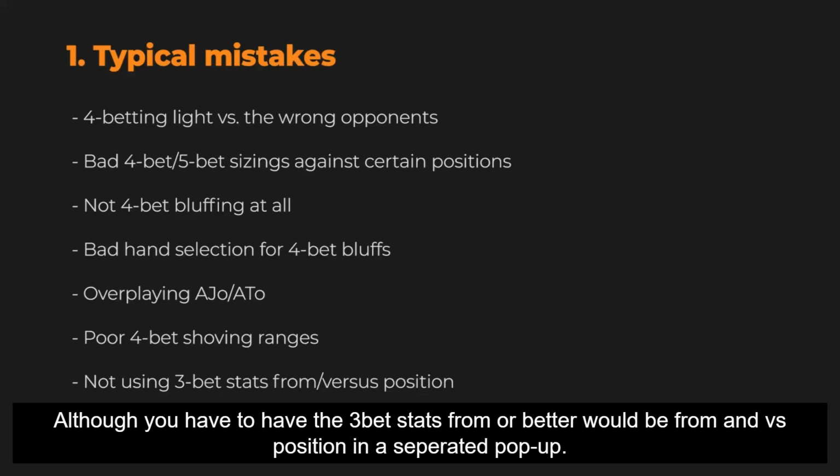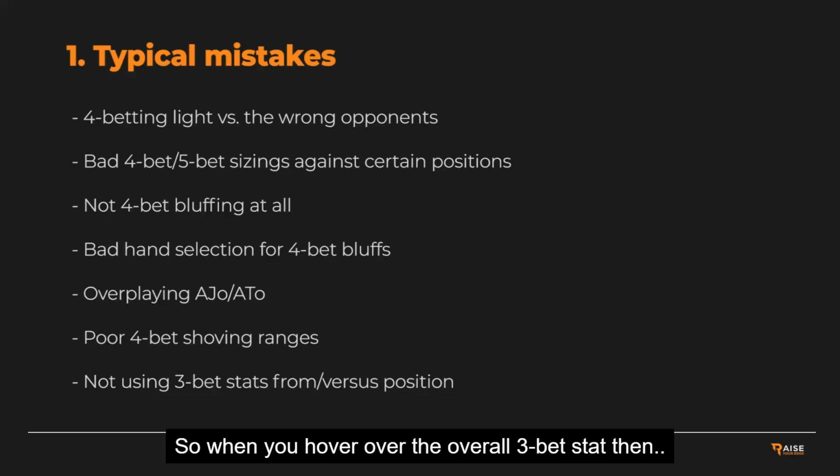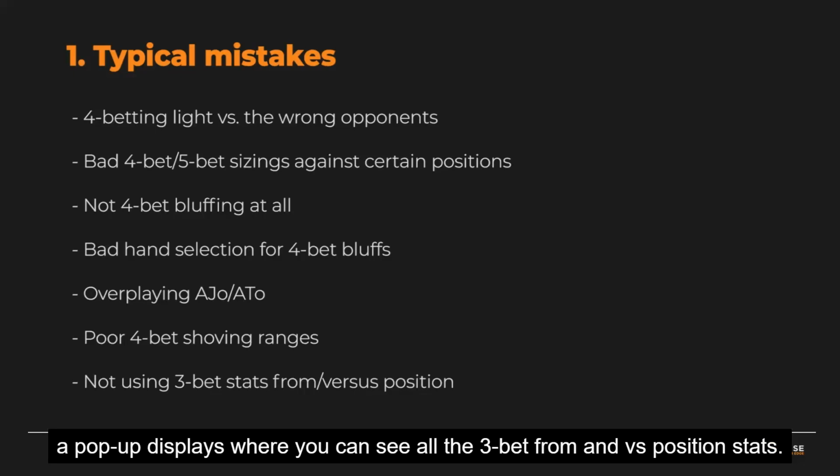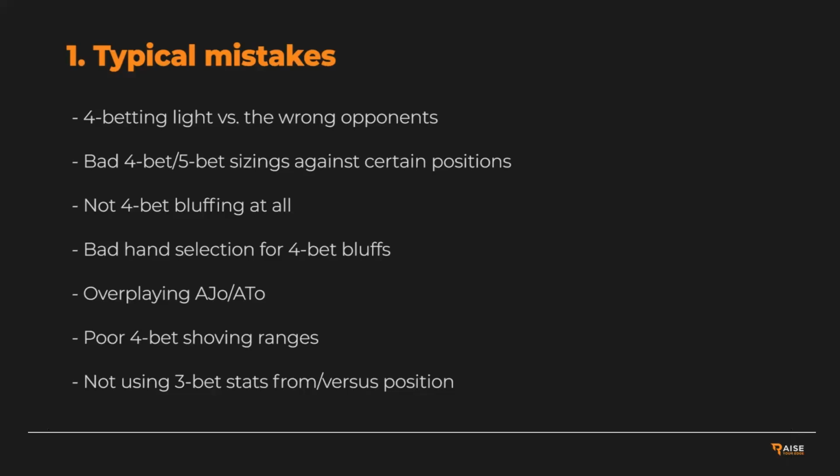Although you have to have the 3-bet stats, or better, from and versus position, in a separate pop-up. So when you hover over the overall 3-bet stat, a pop-up displays where you can see all the 3-bet from and versus position stats.